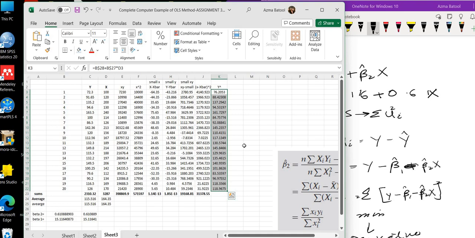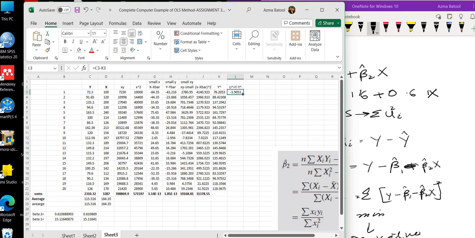Right. Once you get y hat, then you need u hat. Do you know what u hat is? It is equal to y minus y hat. How to do it? Do we have y? Yes, column C contains y. Do we have y hat? Yes, column K contains y hat. So we need this minus this, and enter.